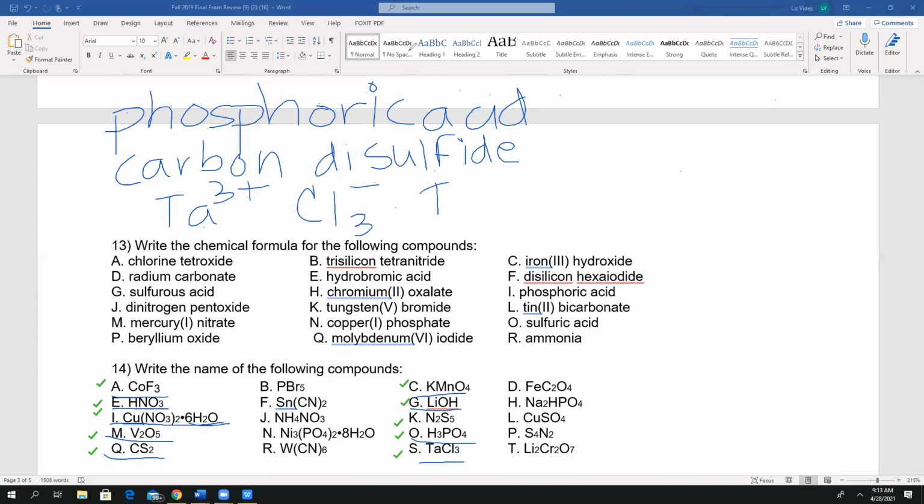So his name is tantalum 3 iodide, because it's just 1. Okay. And that's that. That's how you know who's who.